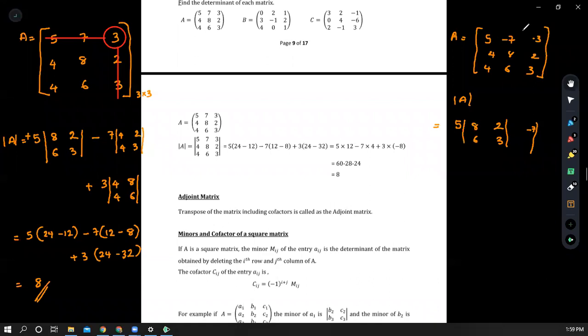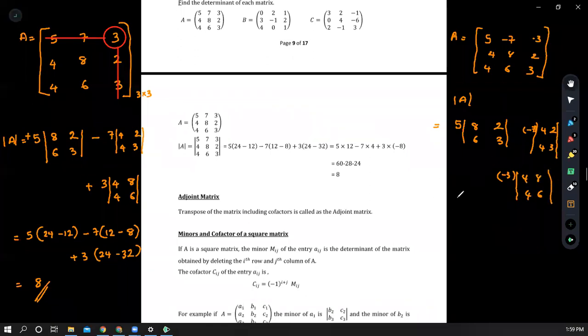Then if you cut down the row and column and write down the values, it is 4, 2, 4, and 3. Then the next value is -3. When you're writing down these values, it is better to write them inside brackets. Then since you have -3 here, it is 4, 8, 4, and 6.